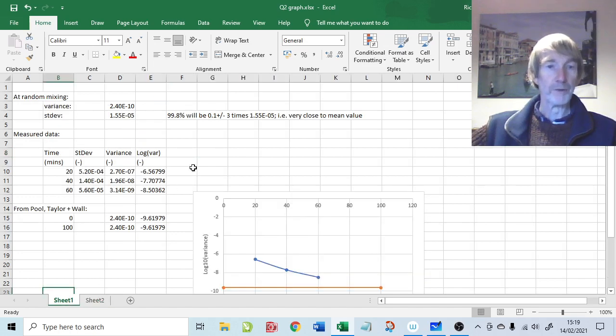Okay, well how are we going to assess that? Well, we're going to assess what we are expecting from the pool equation, which we have here.